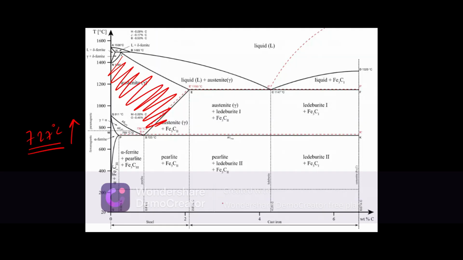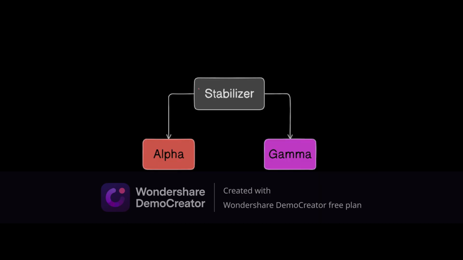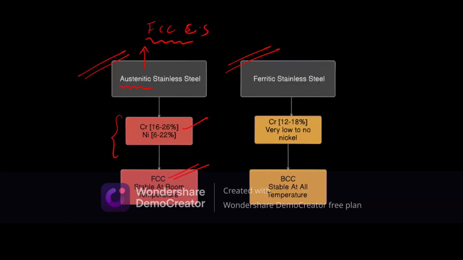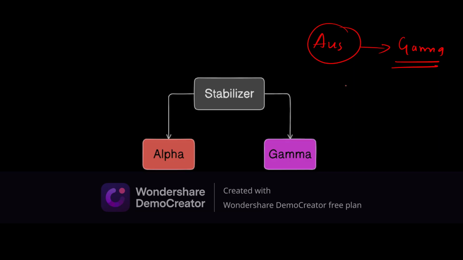Just now I told you that austenite is stable above 727 degrees centigrade. Then how is it stable at room temperature? What we are going to do is add a stabilizer. To stabilize the austenite phase, we add a gamma stabilizer. As I've shown here, nickel is an example of a gamma stabilizer.